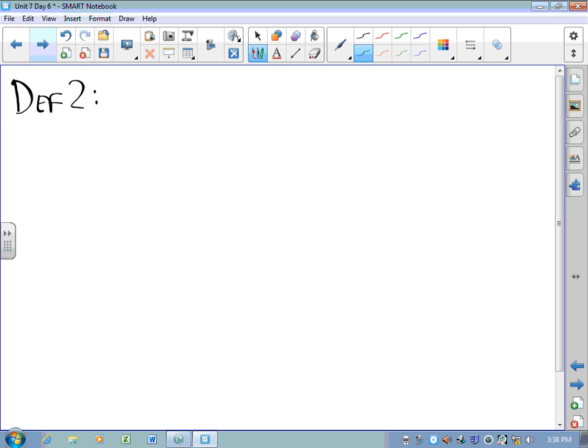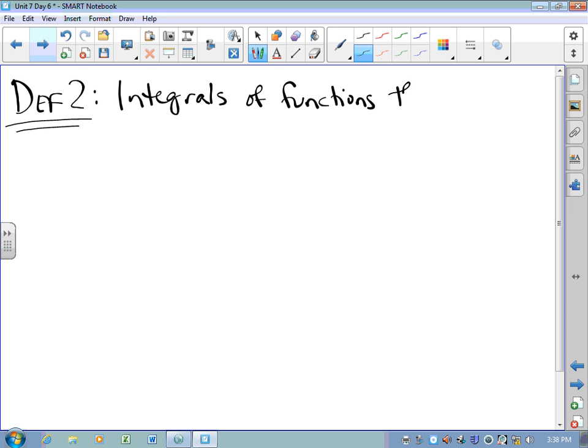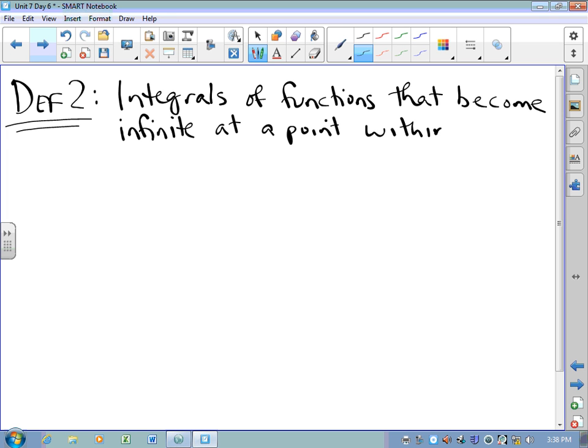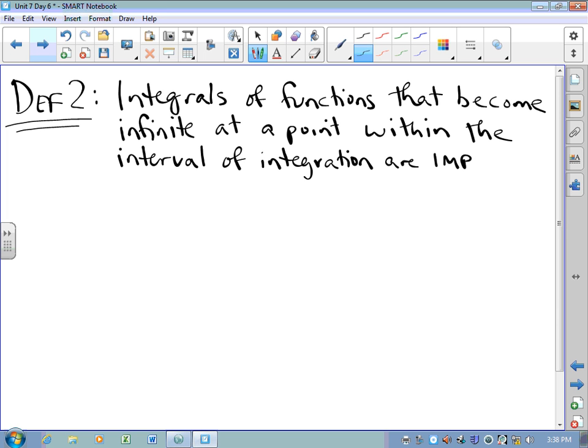College Board is really good at putting unconnected or semi-connected things together in the same problem. But wait, there's still more. Integrals of functions that become infinite at a point within the interval of integration are improper.